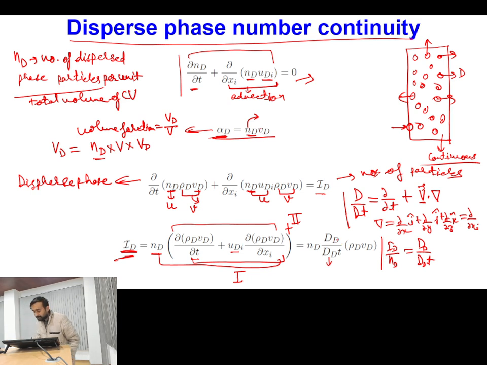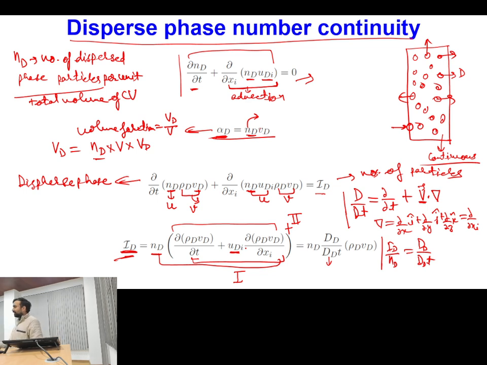Why are we writing this d also with this? Because in the definition of the substantial derivative, one velocity vector is also used. When we are using this dd, then we are referring to the velocity vector of only the dispersed phase. Is the point clear?